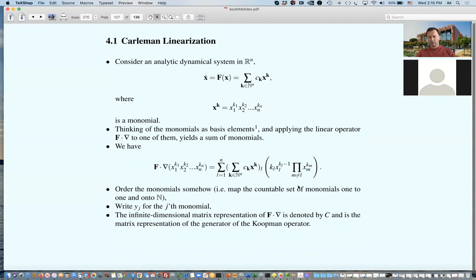So in order to order them, we should map them onto the natural numbers, and so we can write them into basically a vector. I'll show an example very soon. And so we are going to write y_j for the jth monomial, and then we're going to have this infinite dimensional matrix representation of f dot grad. We're going to denote that by C.